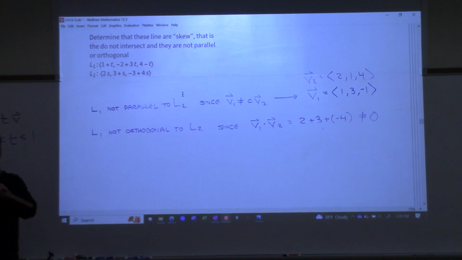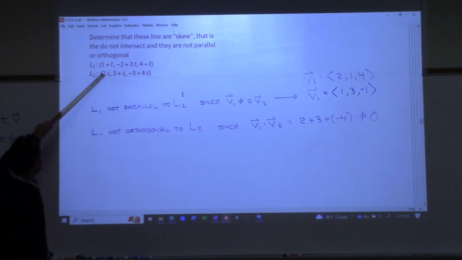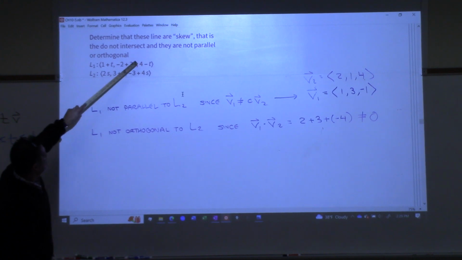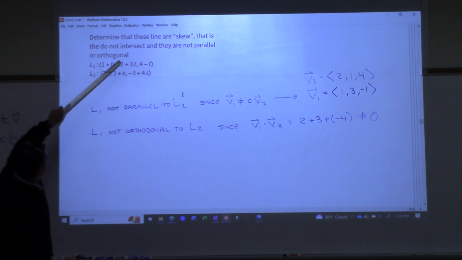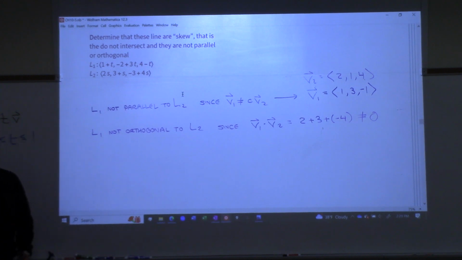There's going to be a point where they hit, and that point will have the same x, y, and z value for both lines. So you're trying to ask yourself, are these ever equal? And this and this and this, are those ever all equal to one another at the same time? You need it to be at the same point in time, right?